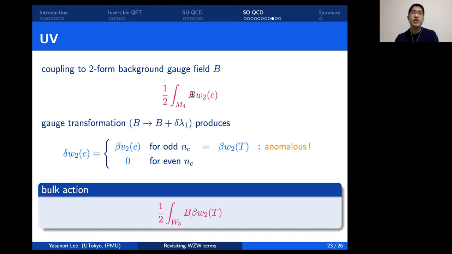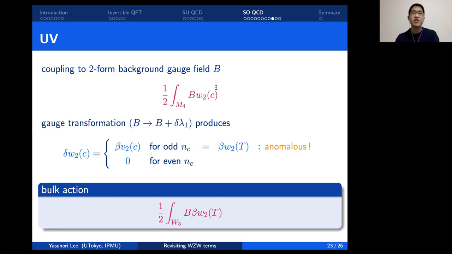If we implement a gauge transformation, this term might not be invariant. So let's see what I mean. Under the gauge transformation, this 2-form gauge field B is sent to B plus delta lambda, where lambda is the ordinary gauge transformation parameter. And by partial integration, this coboundary operator here hits this w2.